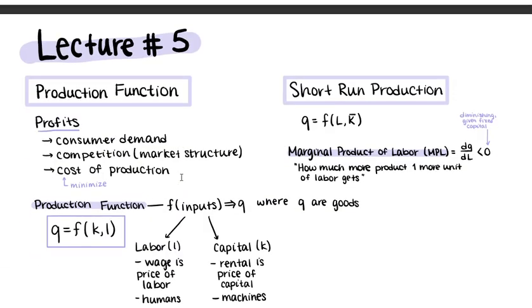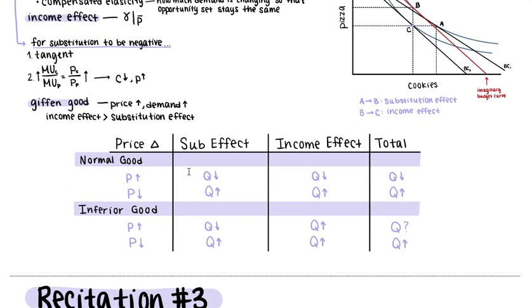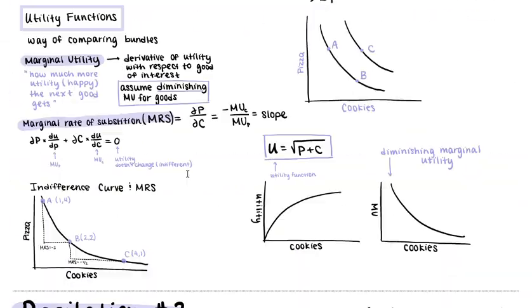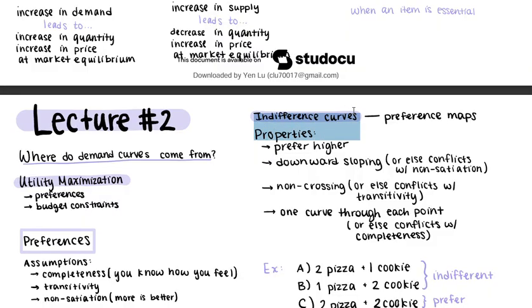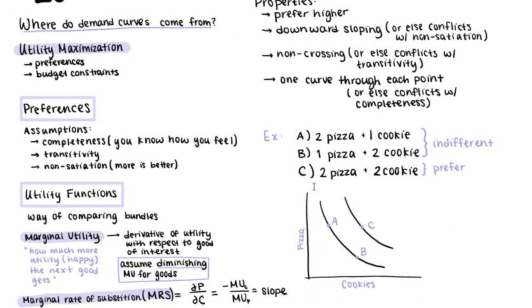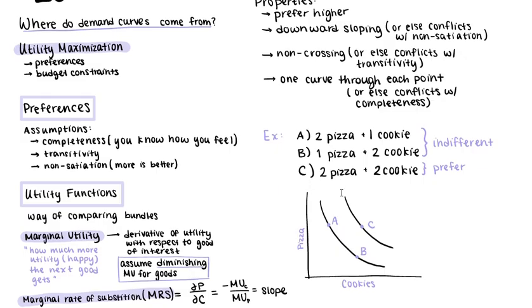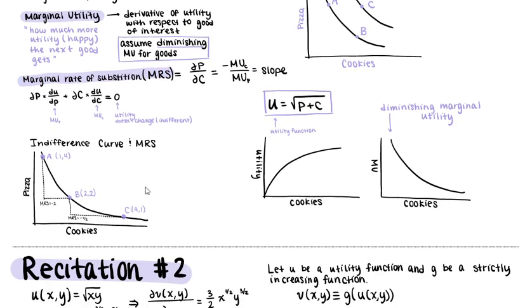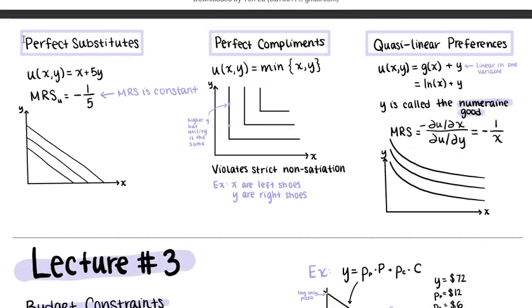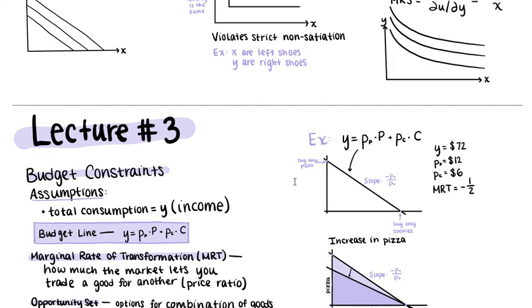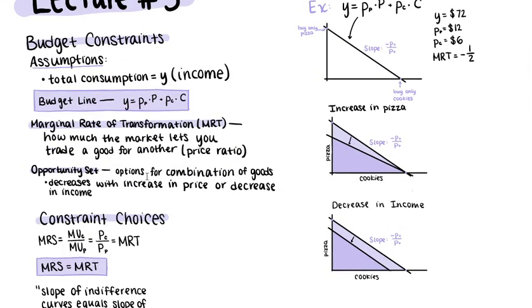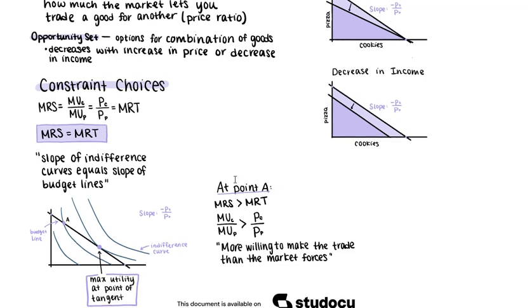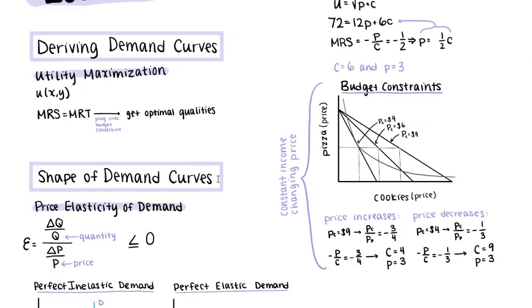So that's all about demand, and we quickly reviewed. We discussed indifference curves, which reveal people's preferences and the utility function, the MRS as the slope of the indifference curve, and the types of utility function. The budget constraint line is downward sloping, with the MRT as the market trade-off.